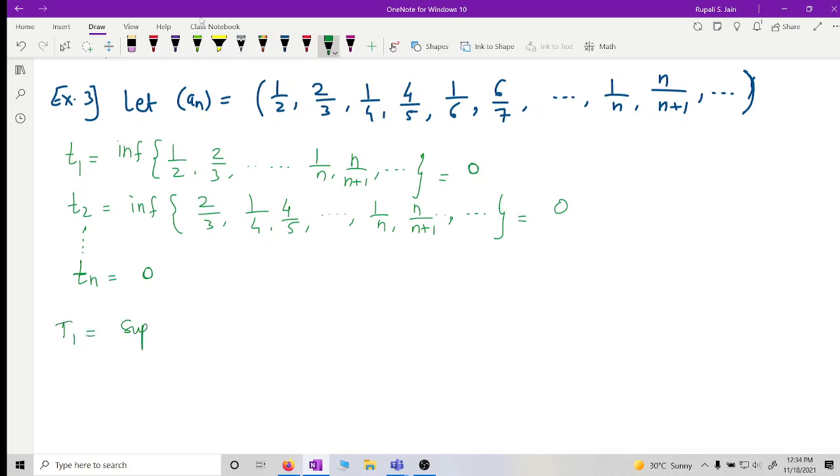It is the supremum. Supremum of 1 by 2, 2 by 3, 1 by 4, 4 by 5, 1 by n, and n upon n plus 1. What is the supremum of this? 1 by 2?